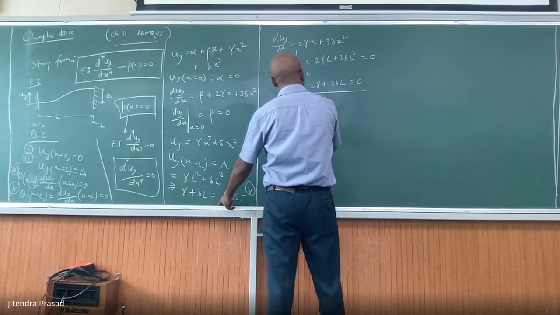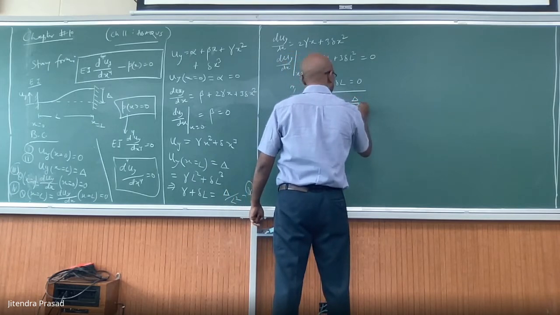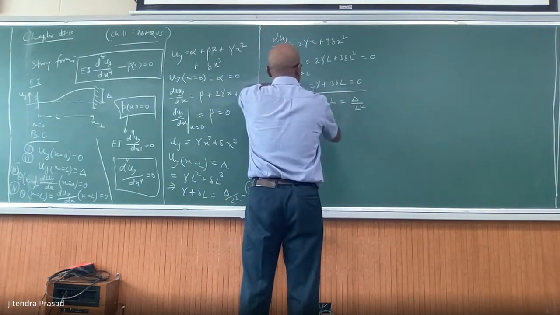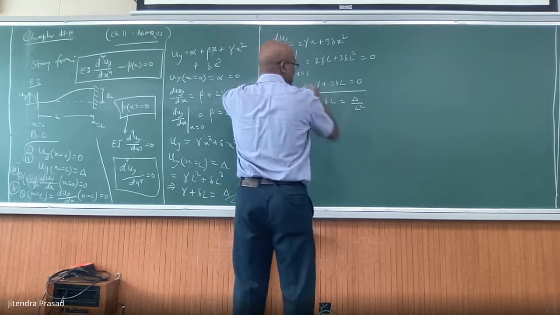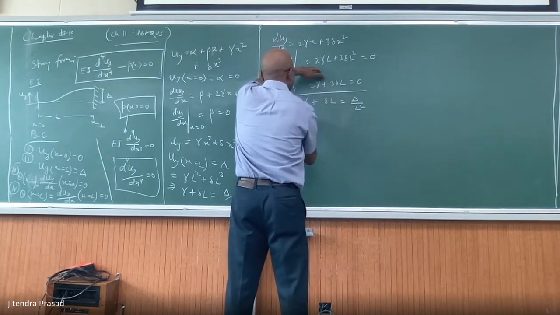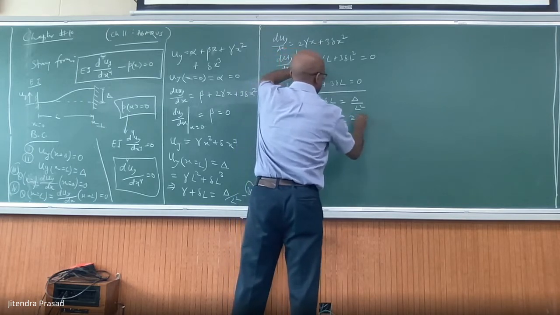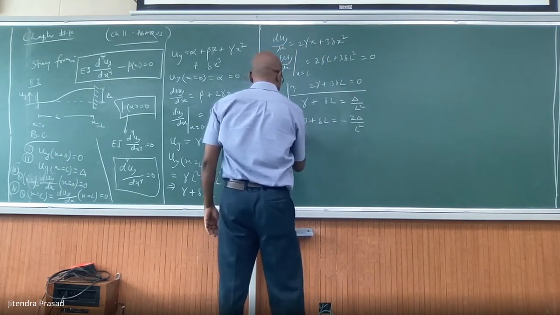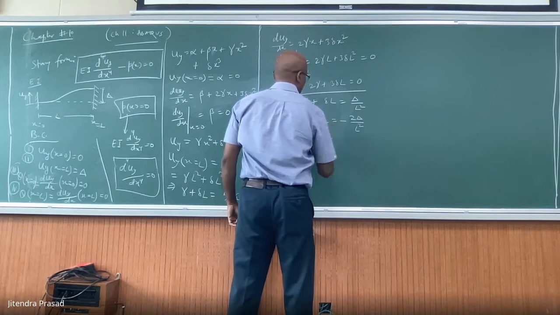This is 1, and then gamma plus delta L is equal to big delta over L square, and we are going to solve it, right? So you multiply by 2 here and subtract it. Then what you get is 0 plus delta L is equal to minus 2 big delta over L square, right?